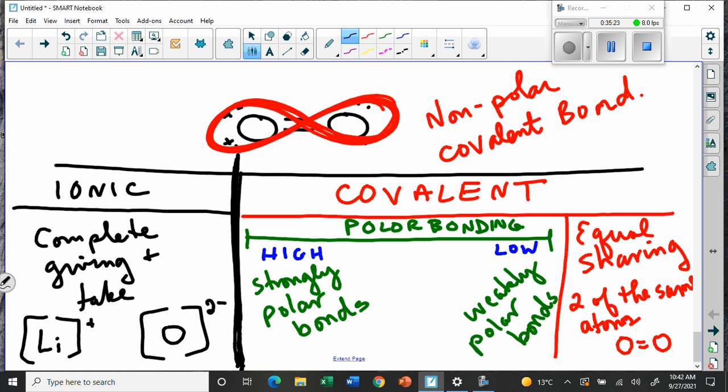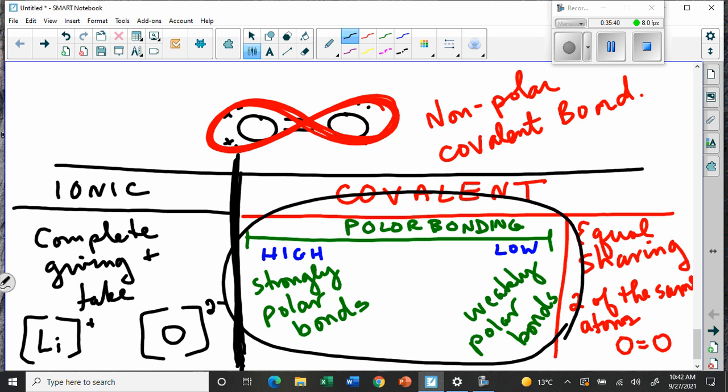And we have a mathematical way of determining this dividing line, but you'll learn about that next year. All we want to do is get the concept in our heads, because this is a very important part of covalent bonding. And in fact, most of the bonds will fall in this region. Most of the covalent bonds. It's only when you're with yourself do you get the equal sharing on the other side.